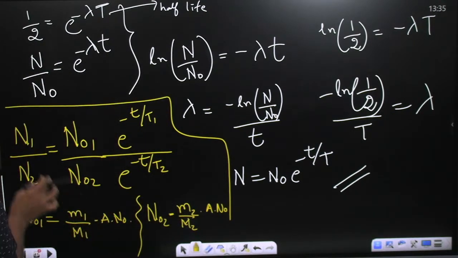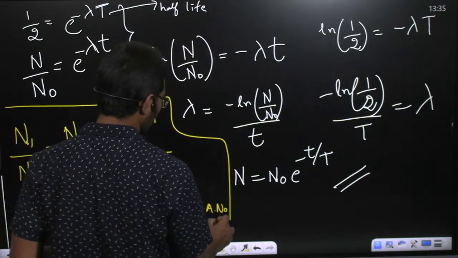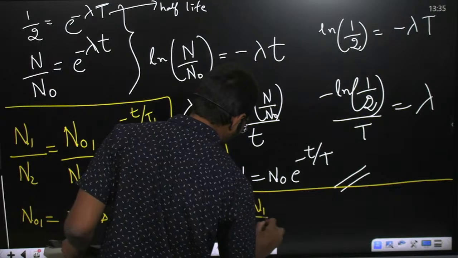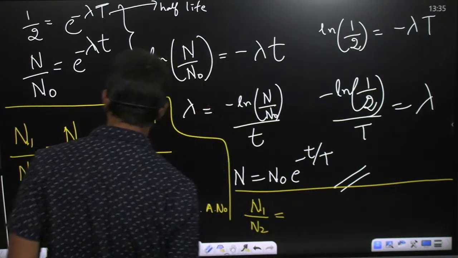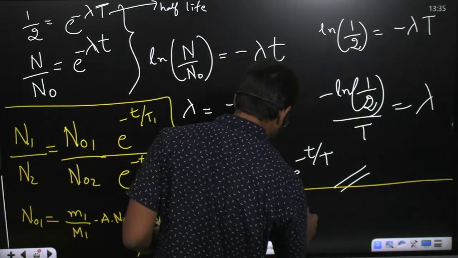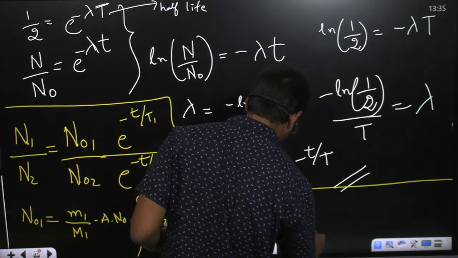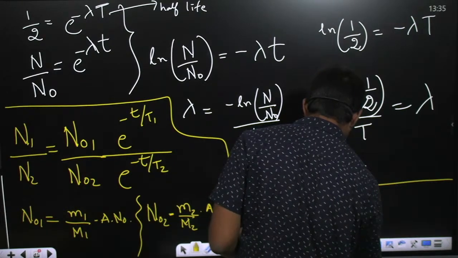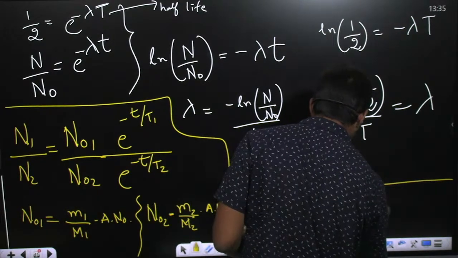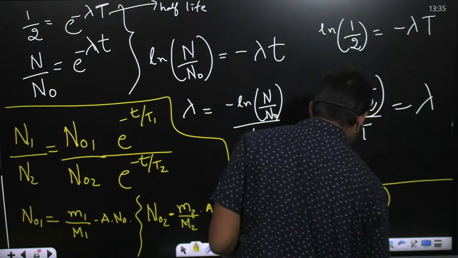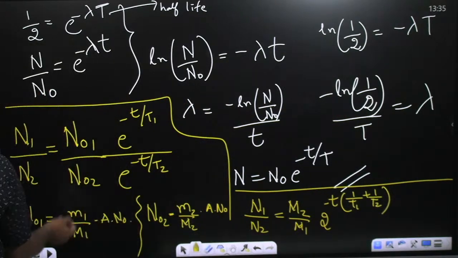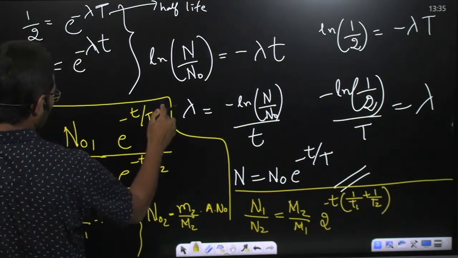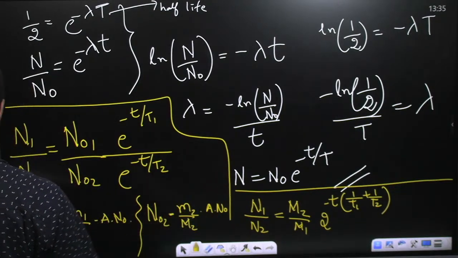If you substitute there, what do you get? N1 by N2 is equal to M2 by M1 into e power minus t by T1 plus t by T2. N0 is substituted here, and e power minus t by T2 goes up, it becomes plus t by capital T2, so minus t is taken out.